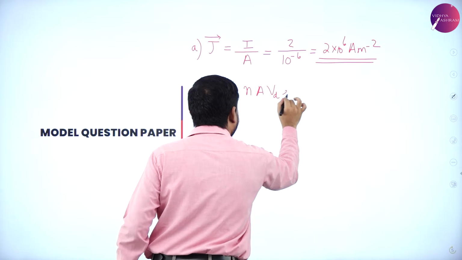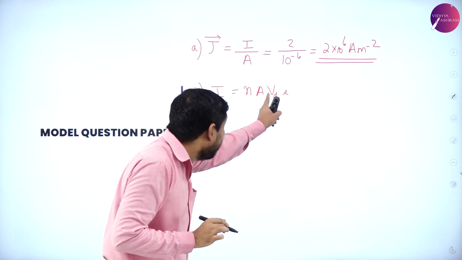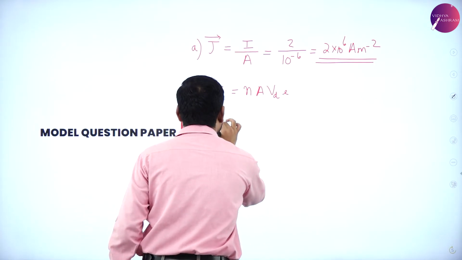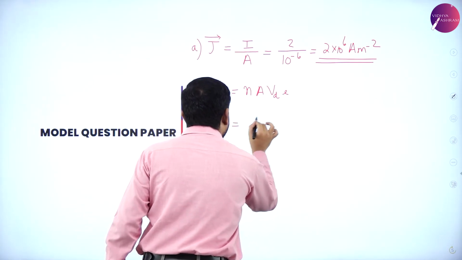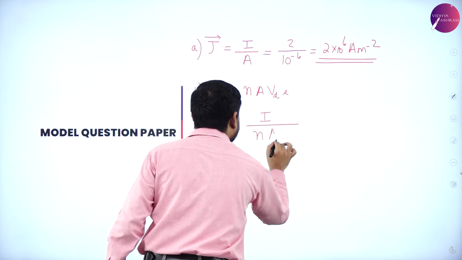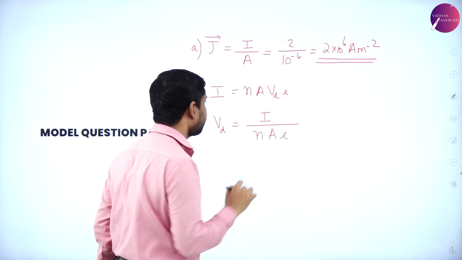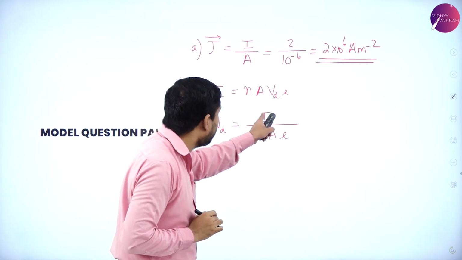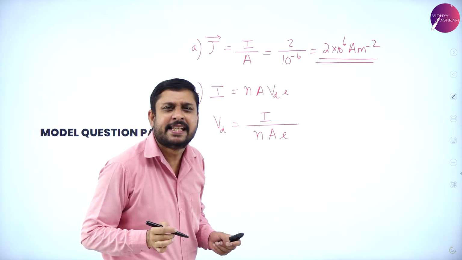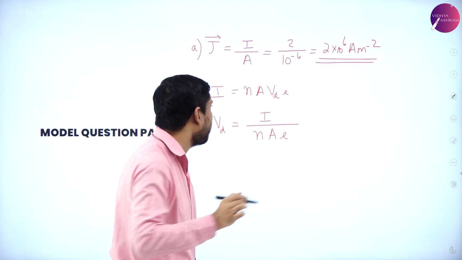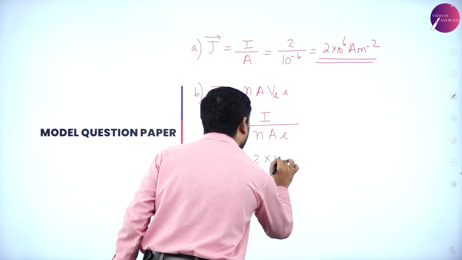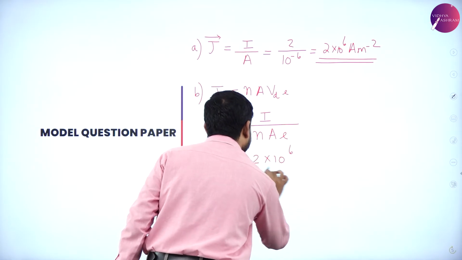Next, what do I have to calculate? Average drift velocity. I use the relationship between drift velocity and current, where we know I is N A VD into E. Here we have to find VD. Average drift velocity is I divided by N A into E. If you observe, I by A I have calculated here only, the current density. Let me be smart enough in my work. So this is 2 into 10 power 6.